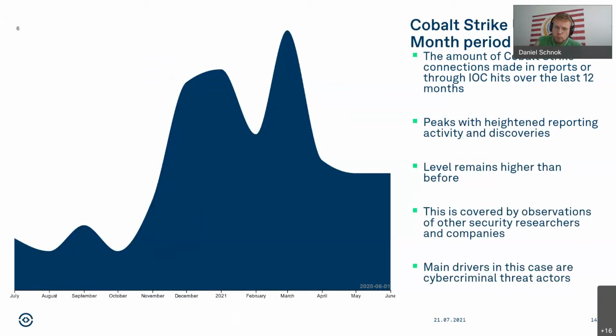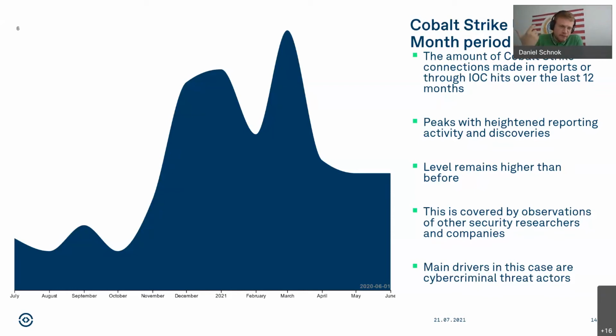No wonder, when the source code leaked in November 2020, a lot of OSINT reports suddenly referenced these visibility issues. There's no doubt about this, and as you can also see, it remains over the last 12-month period at a relatively high usage throughout, after the first novelty of the source code wore off.